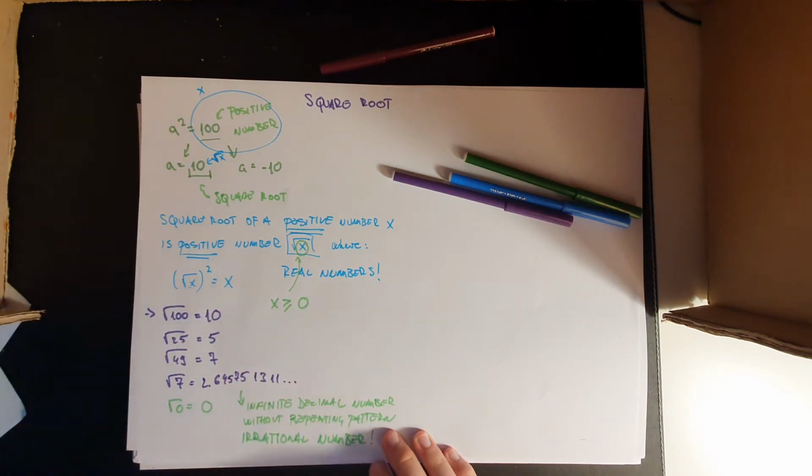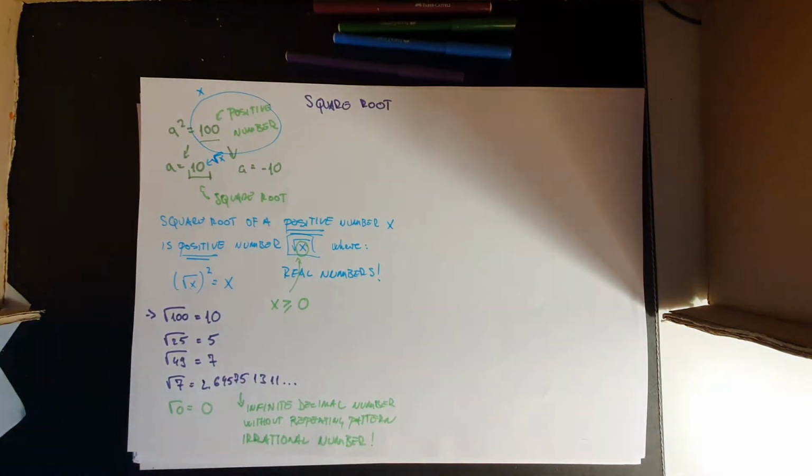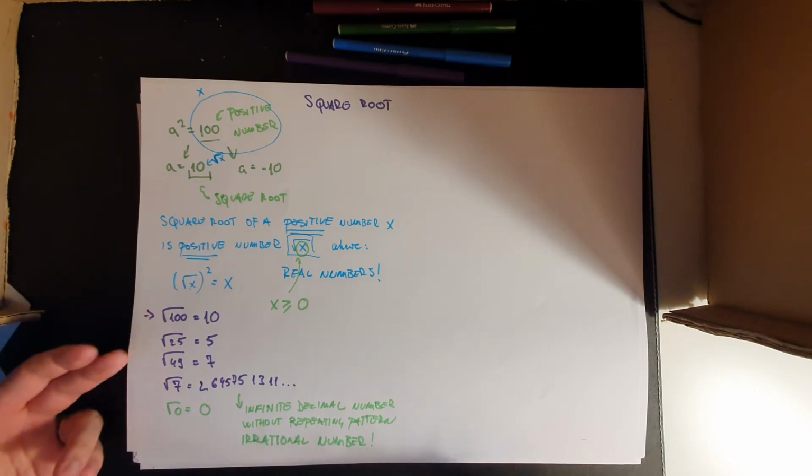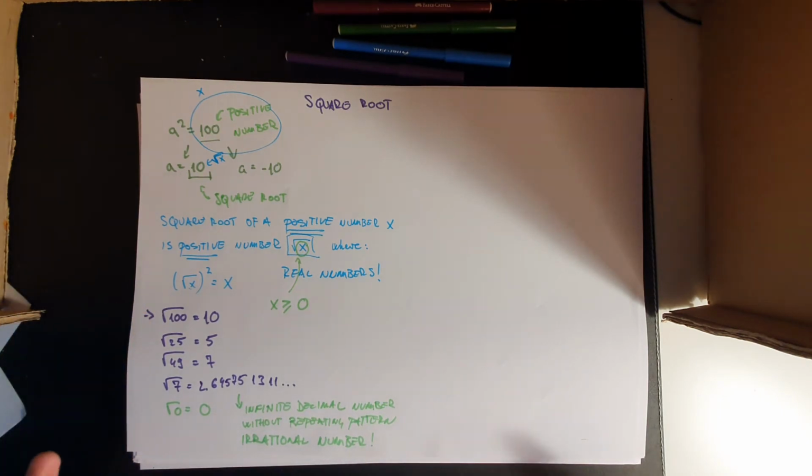Irrational number. Why is this important? Well, I did show you some specific square roots which result in natural numbers, but most of them, an infinite number of them, are going to be like square root of 7.